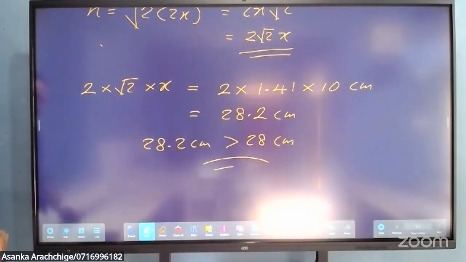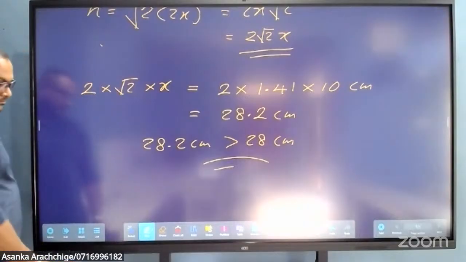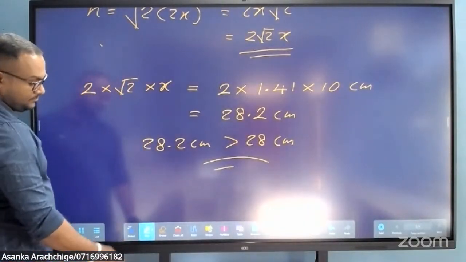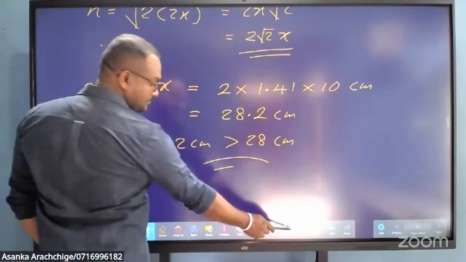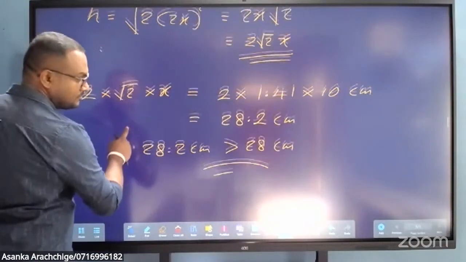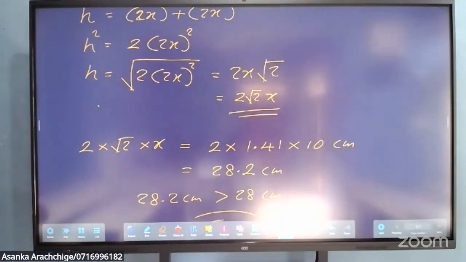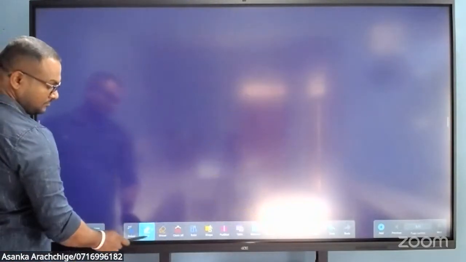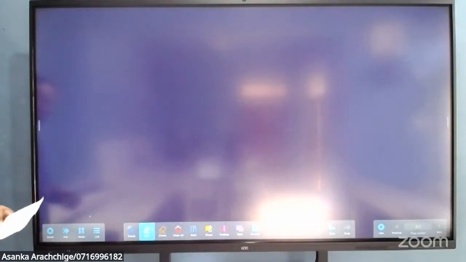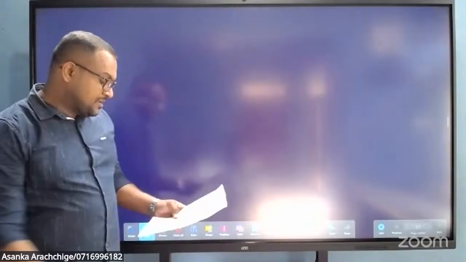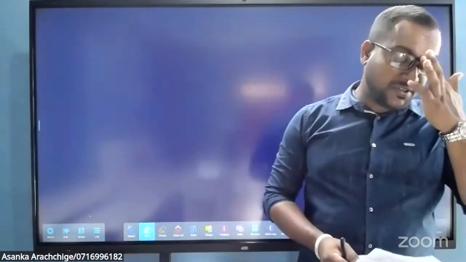Number 5. The fifth question is given from simultaneous equations.